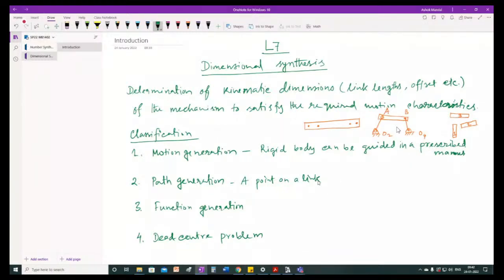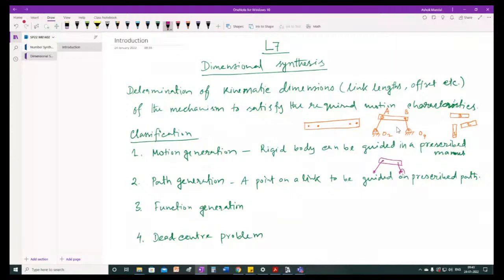A point on a link to be guided on a prescribed path. So again, if we take an example of a four-link mechanism, again, we are taking an example of a four-link mechanism.